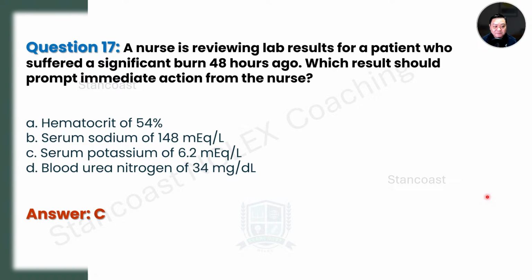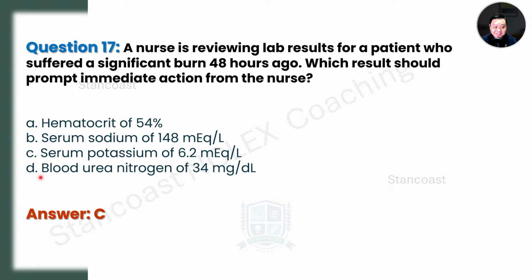Okay, if you selected letter B, sodium of 148 milliequivalents per liter, slightly above the normal, 135 to 145, but it's not immediately life-threatening compared to the potassium level that we are seeing.